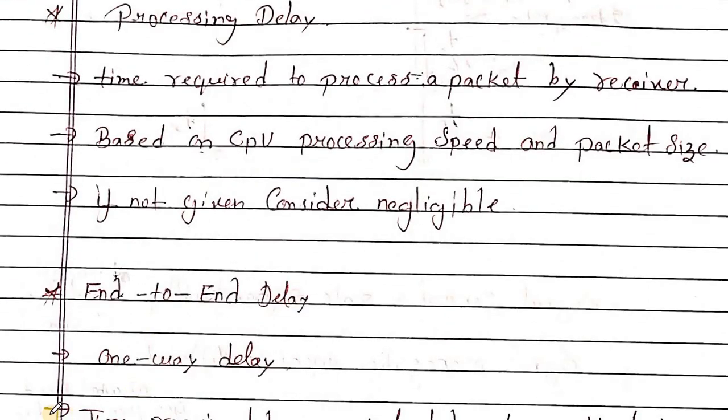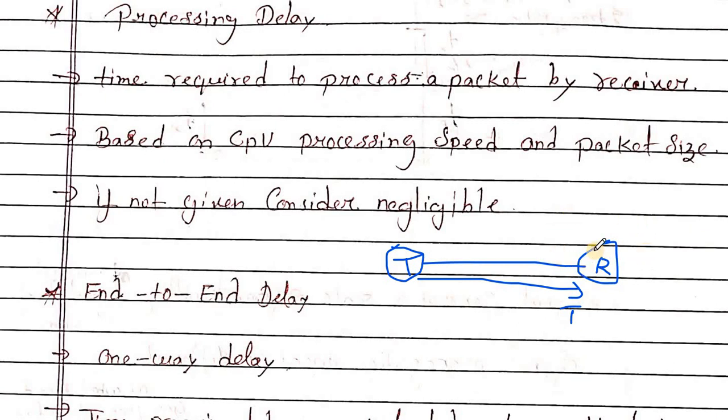Then the processing delay. The packet is sent to the receiver side. The packet waits because the receiver side is busy with another process, and that time is called queuing delay. Now if the packet gets a chance, it goes into processing.